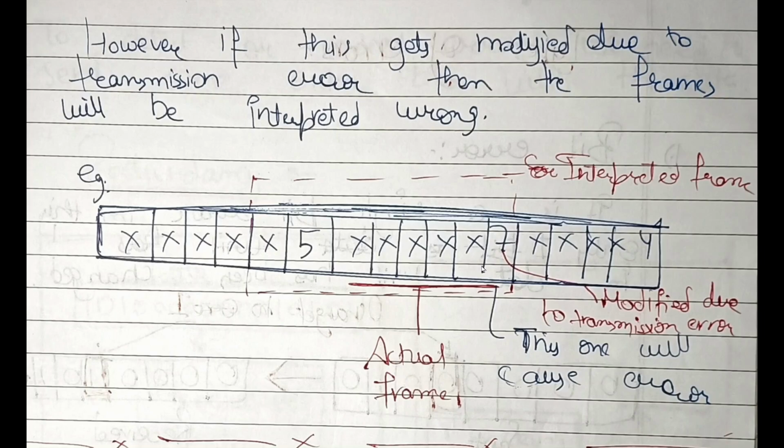Hence, as a consequence, the frame was interpreted wrong. Now the interpreted frame will be 1, 2, 3, 4, 5, 6, 7 up to this. However, the actual frame was up to this, before 5. So this type of error occurs in the DDCMP protocol.